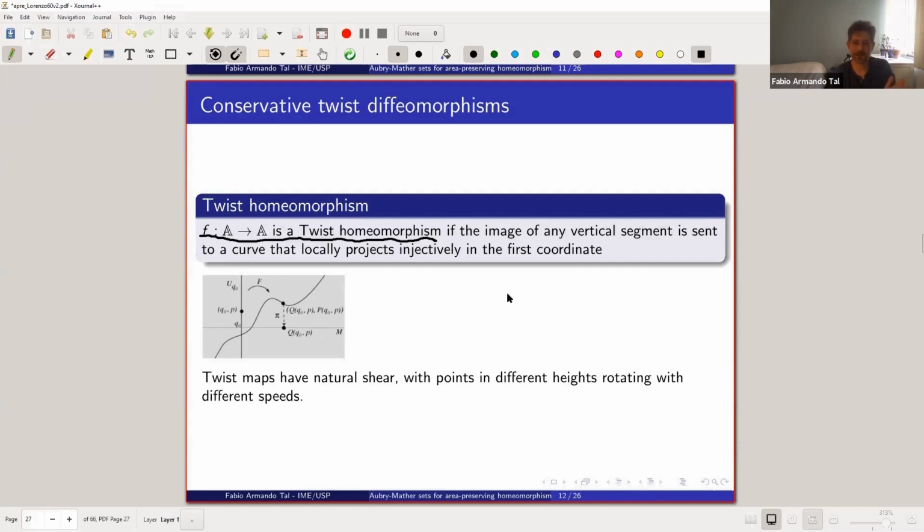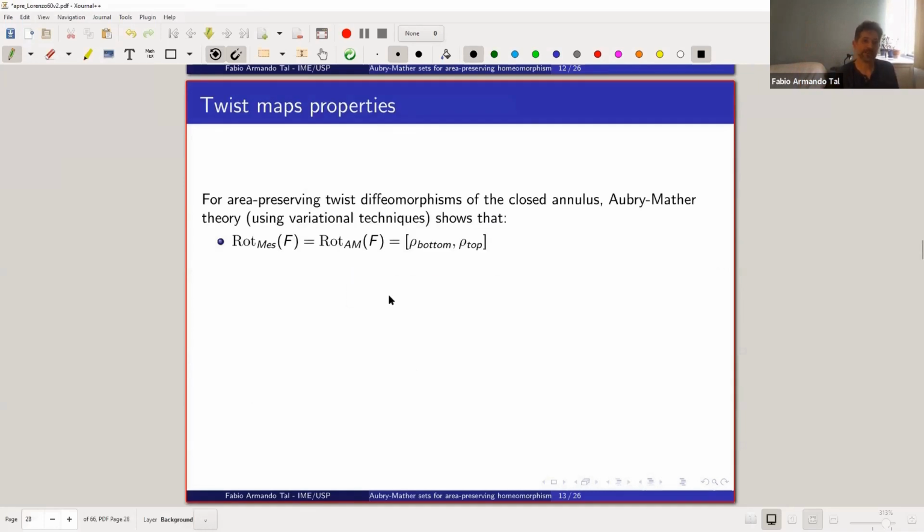But the idea is that you have some sort of shear, meaning every point in the same vertical line, if you're higher, you're going to rotate more to the right. And in particular, points on the top boundary are going to rotate more than points on the lower boundary. So just by the Poincaré-Birkhoff theorem, you have a lot of periodic points there.